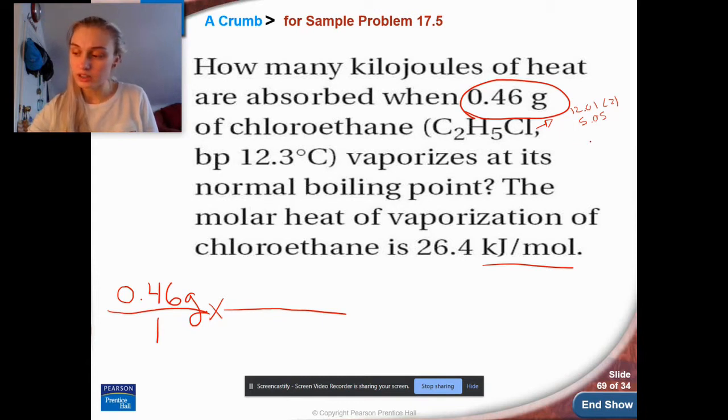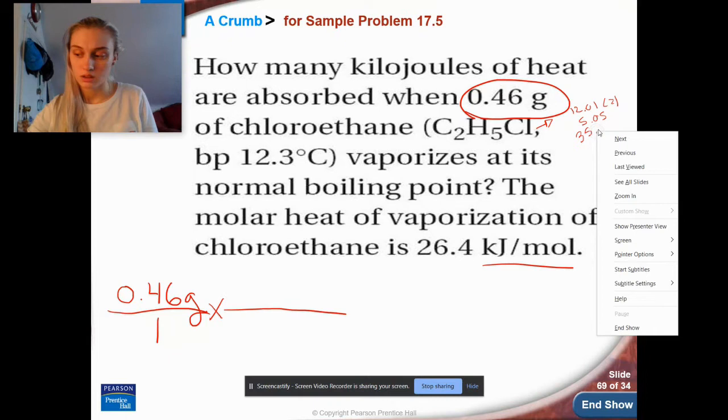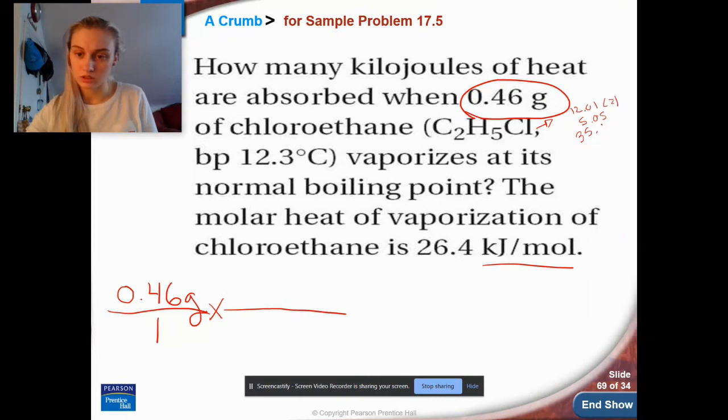And then chlorine is, geez, I think it's like 35. Oh, I think it's 32.51. Anyways, so when you add all those up, and there's only 1 chlorine, so I'm not multiplying by anything. When you add all those up, you get 60. No, this is 30.